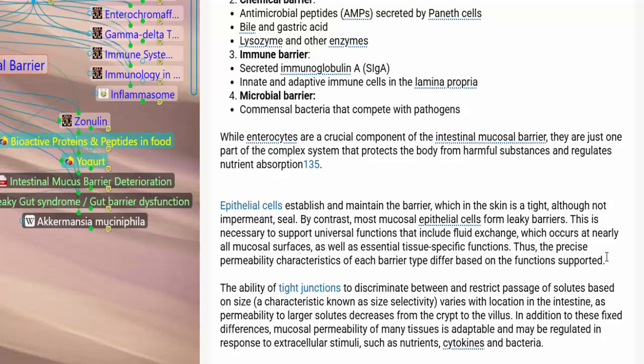In the skin, it's a tight, although not impermeable seal, but most mucosal epithelial cells form leaky barriers, and that's necessary to support universal functions that include fluid exchange, which occurs at nearly all mucosal surfaces, as well as essential tissue-specific functions. So the precise permeability characteristics of each barrier type differs based on the functions it supports.